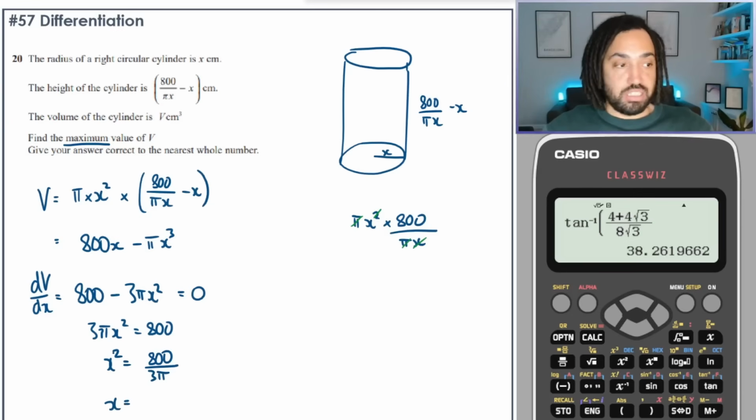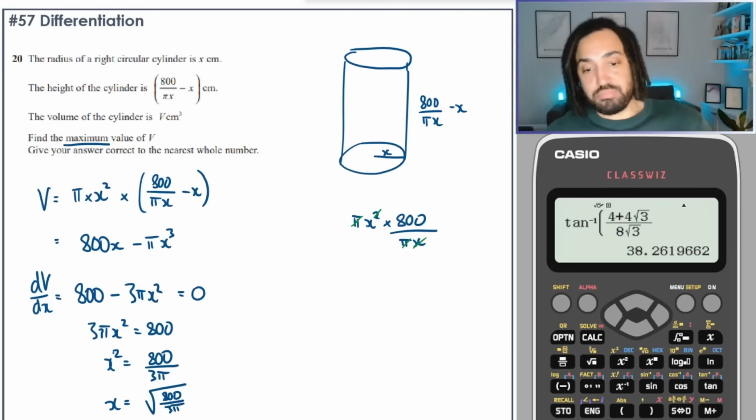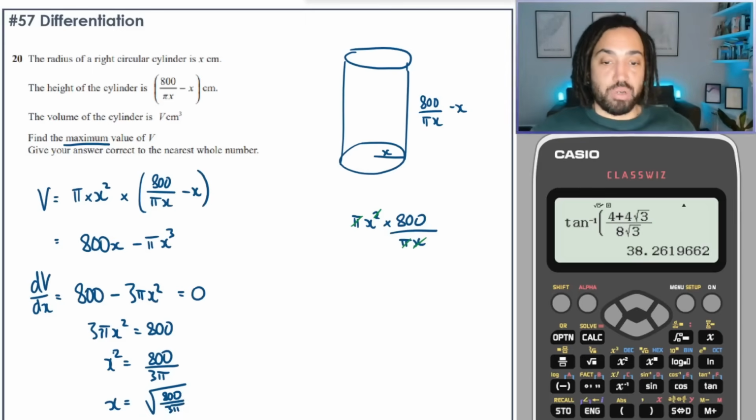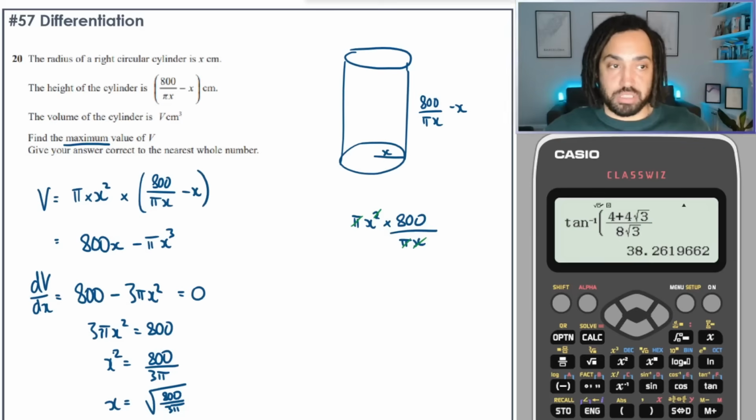So x is equal to the square root of 800 over 3 pi. Now x needs to be positive, so when I square root there, I'm not going to get plus or minus. x has to be positive because it's a distance, a length. So that is going to be our maximum.